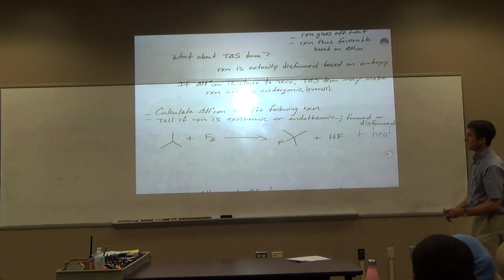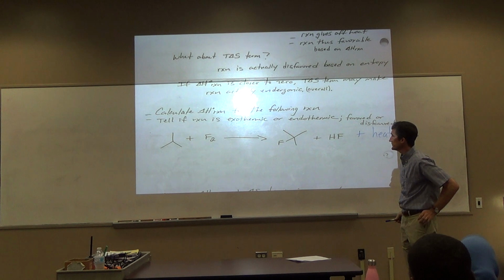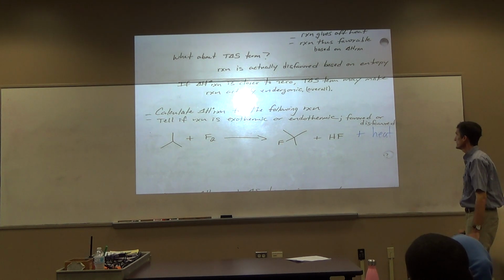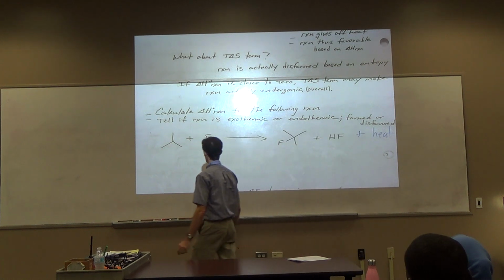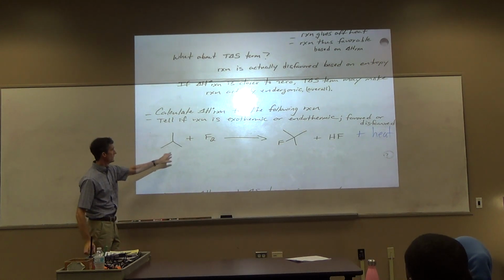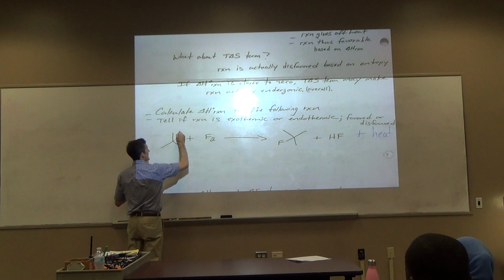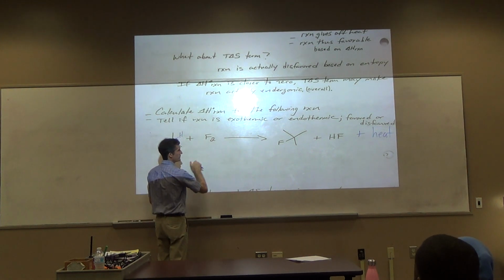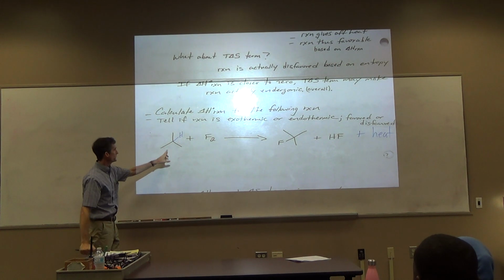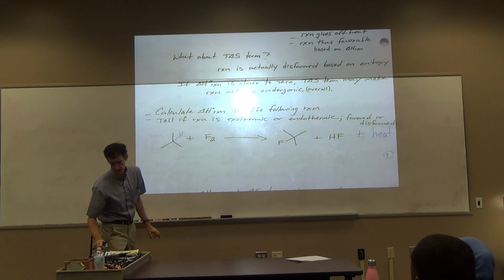Okay, calculate delta H for the following reaction. Tell whether the reaction is exothermic or endothermic, favored or disfavored. Okay, this is just another example. What bonds are broken over here? If I agree that the CH bond is broken, and the F2 bond is broken, yeah? What's the tertiary CH value?